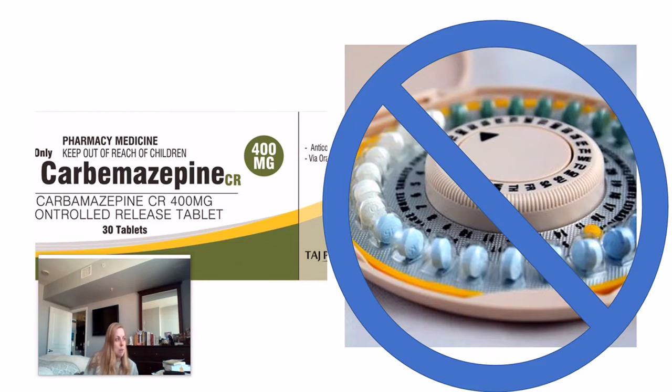Getting back to carbamazepine, you cannot take that with birth control. This is because they both use the same receptors, the CYP receptors. This is probably why we don't see it as much as we see Dilantin, because it disturbs the oral contraceptives so much. You, as the family nurse practitioner, might be the one prescribing the oral contraceptives.